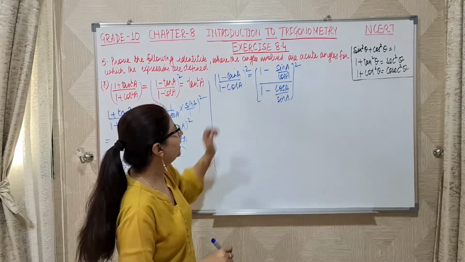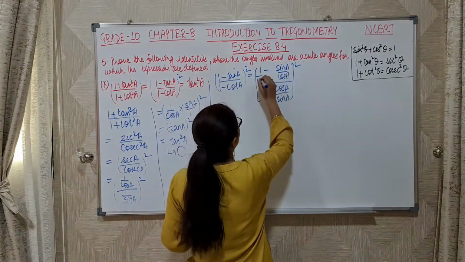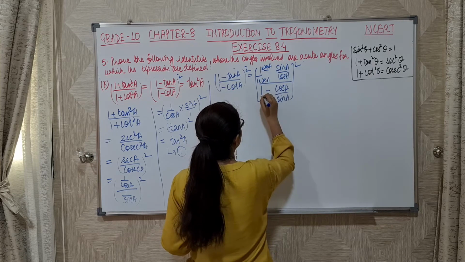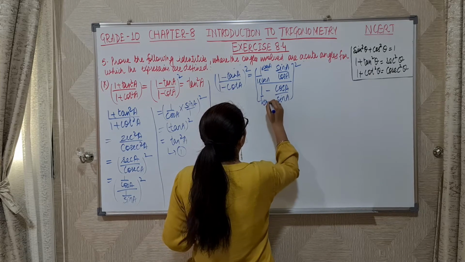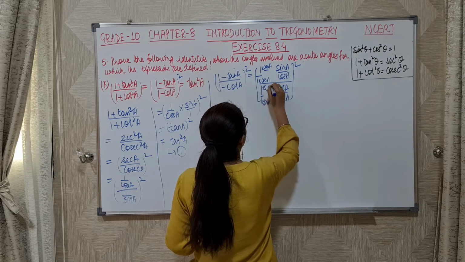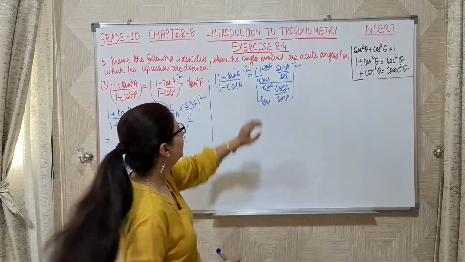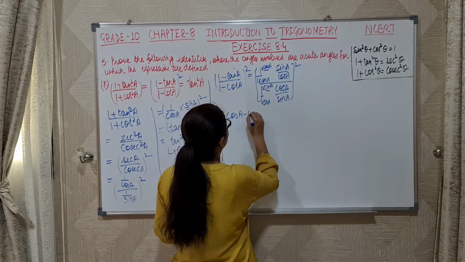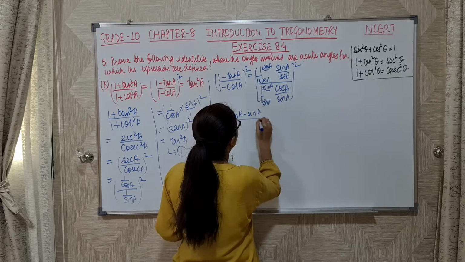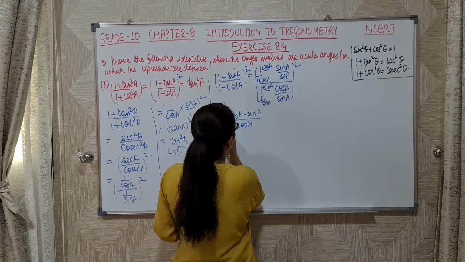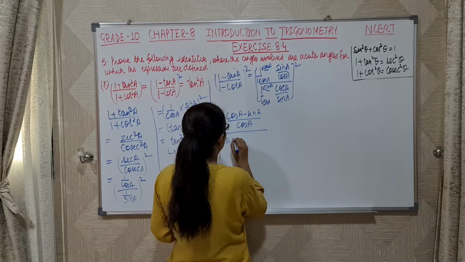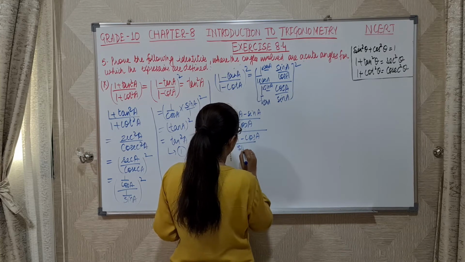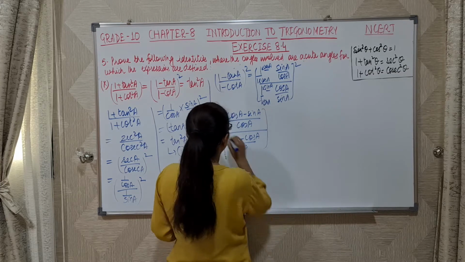Okay. So now we'll take LCM. This is 1 here into cos A into cos A. Similarly 1 here into sine A into sine A. Okay. So what is in numerator now? This is cos A minus sine A over cos A divided by sine A minus cos A over sine A whole square.